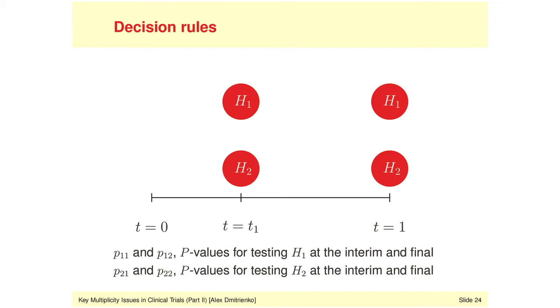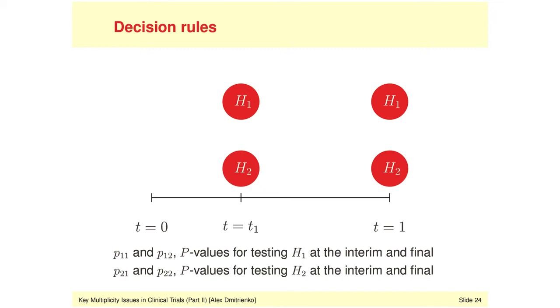And this diagram reminds us of the fact that we no longer have a single hypothesis that needs to be tested at each one of those decision points. We now have two different hypotheses, H1 and H2, that correspond once again to progression-free survival and overall survival.